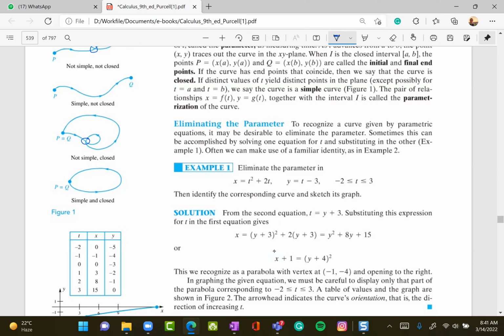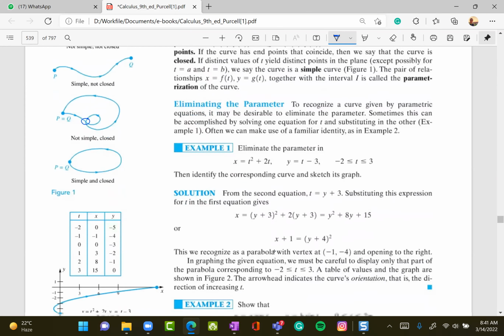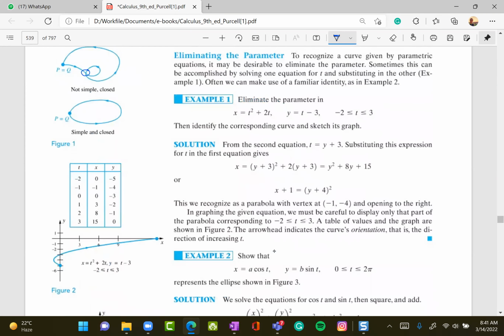Then this is a parabola. Parabola with this vertex. I forgot to mention this is the vertex of the parabola, opening to the right. So the shape here, and then like this one here.